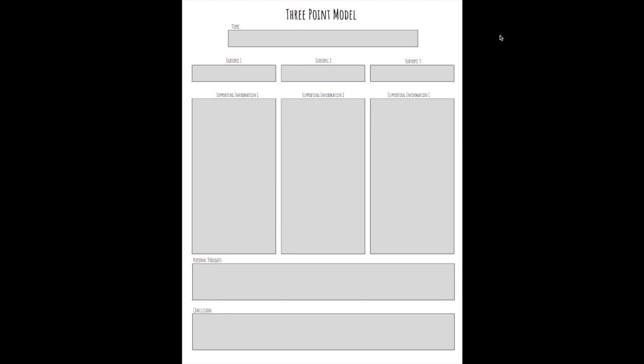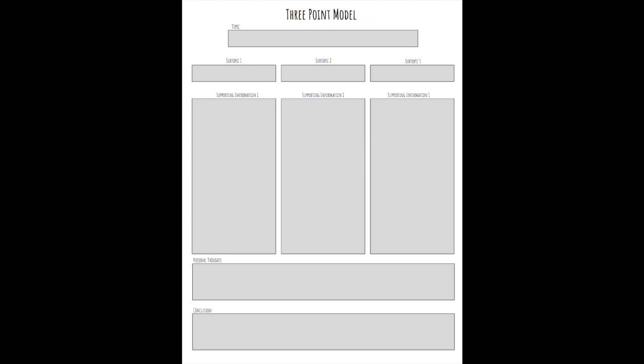Here's the 3-point model that I like to use, and I made this model in Google Slides. I chose Google Slides because, for one, it's free, and the other, it's easy to make accessible to my students. And the other thing I like about it is that I can adjust the text boxes, adjust their color, I can add a stroke to them, I can move them to my liking on the page, and it's very easy to use, and I can type directly into the model itself.